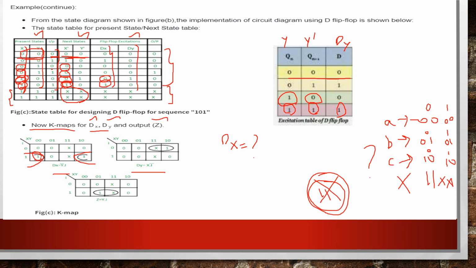Same for the output values: where we have the 1 value is found out and substituted here in the K-map. We are also taking into account the x. X is a don't care. Usually we consider the don't care terms in order to get a reduced variable in the output equation. So likewise we have found the output equation Z.